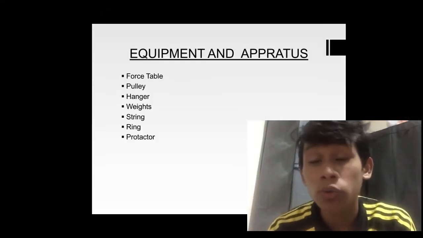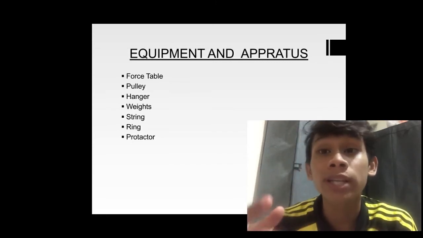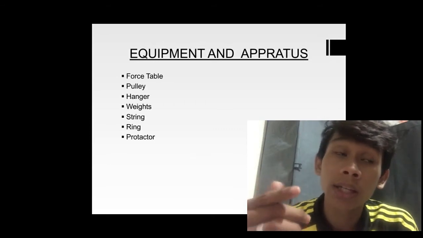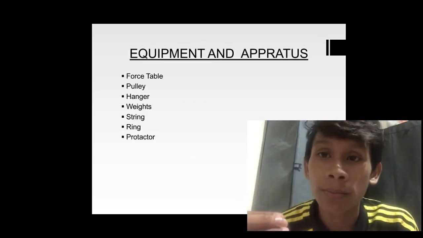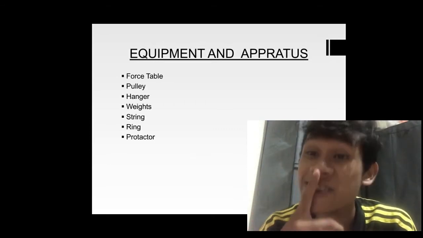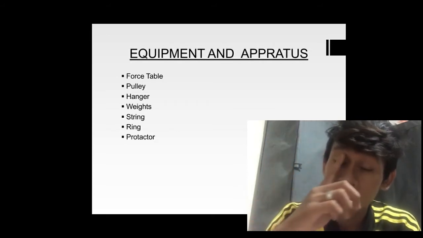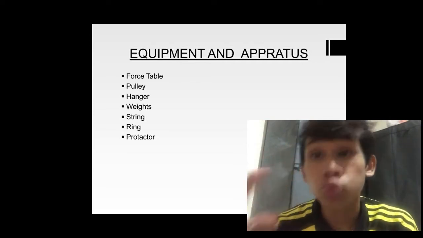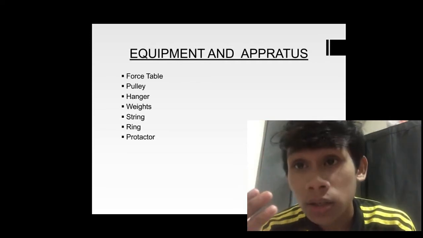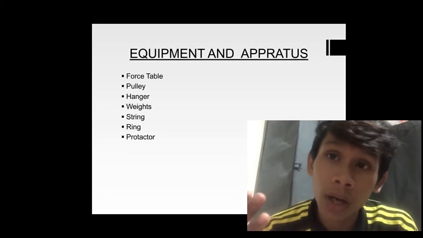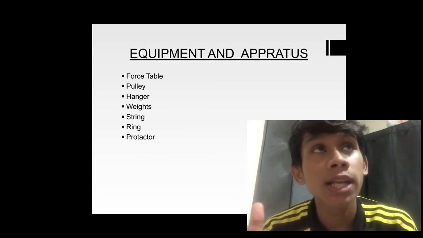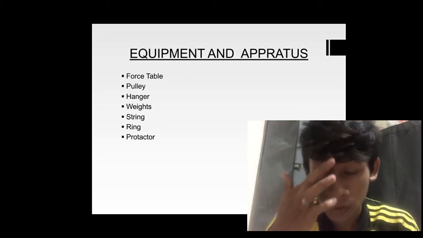Hi guys, hello. For my part, I will tell you about the equipment or apparatus and the procedure. For the equipment, we have seven things: first is the force table, second is the pulley, third is the hanger, fourth is the weights, fifth is the string, sixth is the ring, and lastly the protractor.